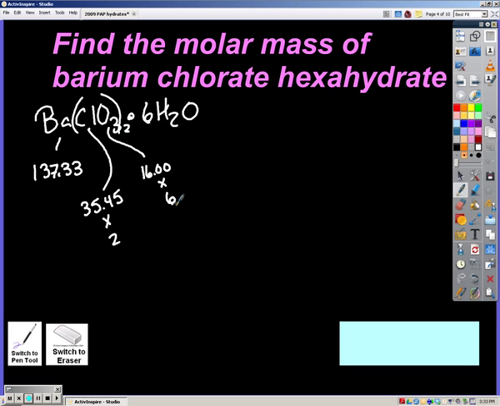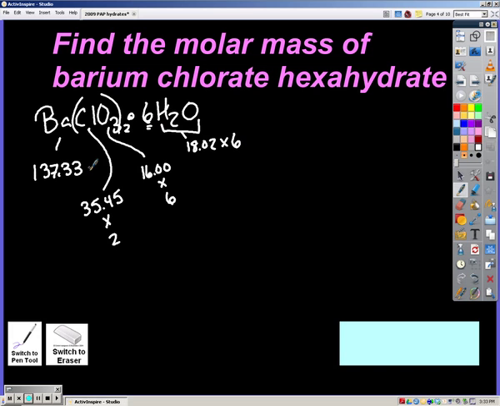Water, you can break it up, but it's usually easier to just remember the mass of water because we use it so often, and that's 18.02. We have 6 waters, so 18.02 times 6 is our mass due to the 6 waters.